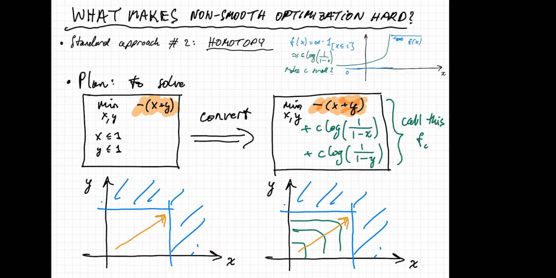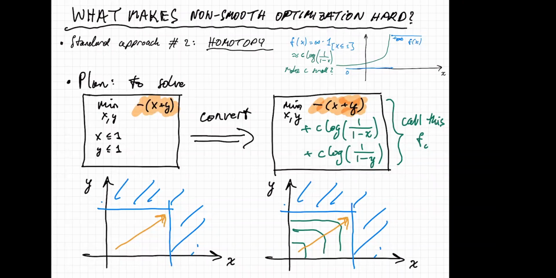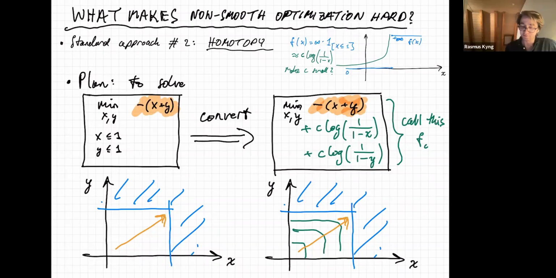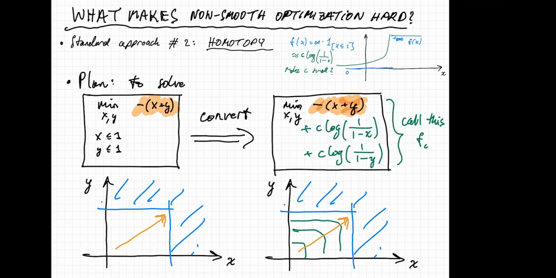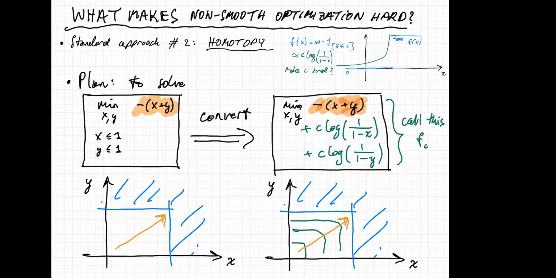Yeah, correct. And then I drop the constraints, but I add these functions that blow up to infinity as I approach either of these boundaries, where I'm not allowed to be. I see. And then I add a constant, but only in front of the barrier part, not in front of the real objective. Got it. Thank you.